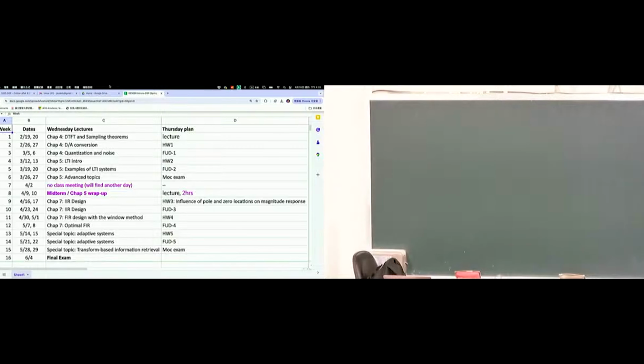So is a filter that we are going to learn to design intelligent? 是有智慧的吗? Maybe not really, right? But intelligence means the system, yeah, that's why I want to touch base on retrieving information. Can we extract information from the signal that we record?